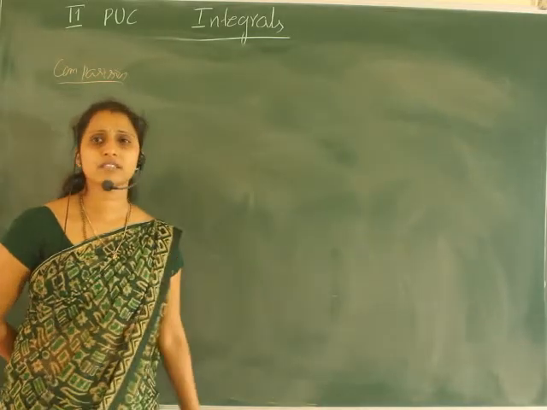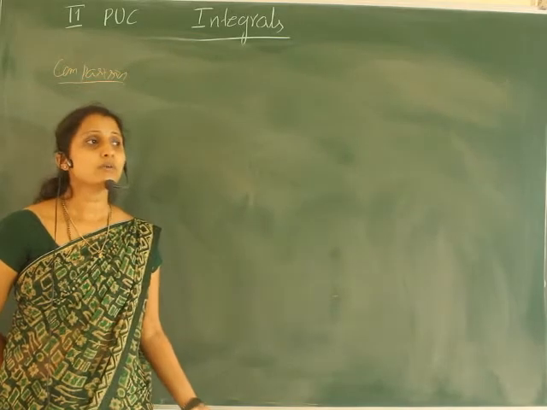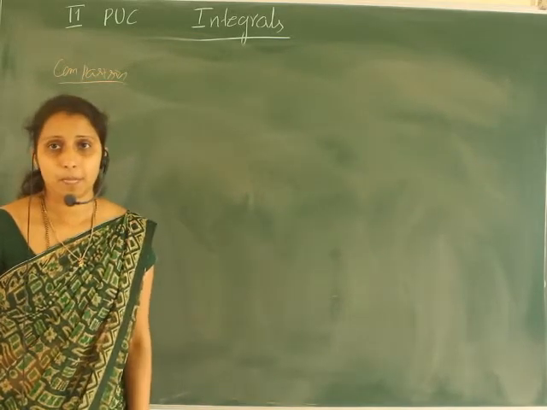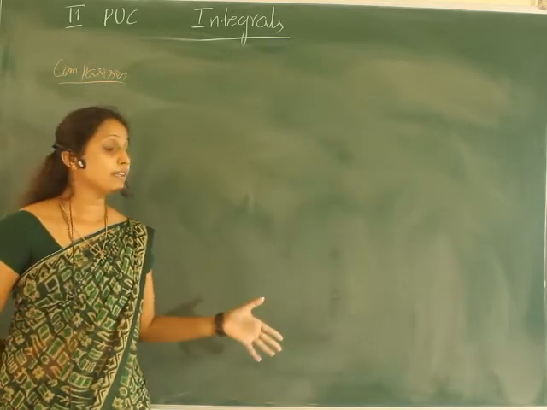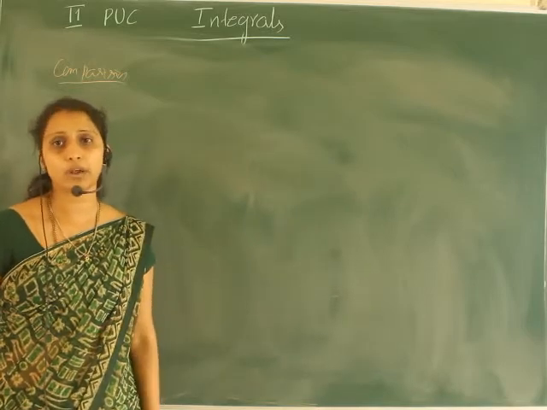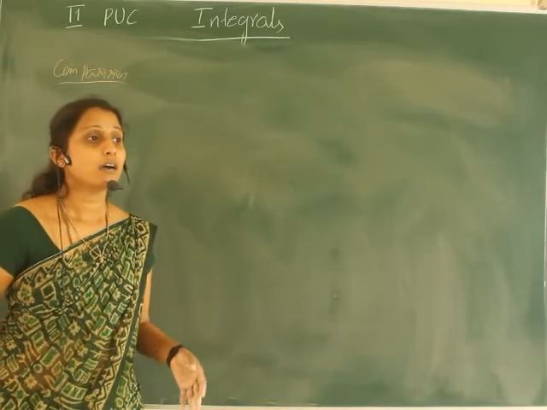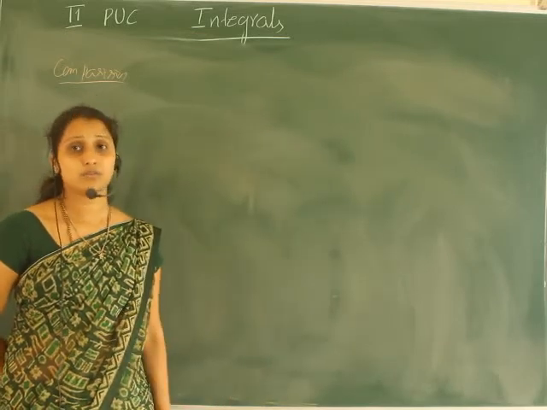Then we know that differentiation is the rate of change of one quantity, or it gives the slope of the tangent. That means differentiation gives the slope of the tangent, the rate of change of a quantity with respect to one more quantity. But integration is not that; it gives the family of curves.